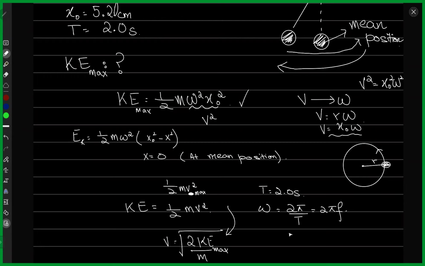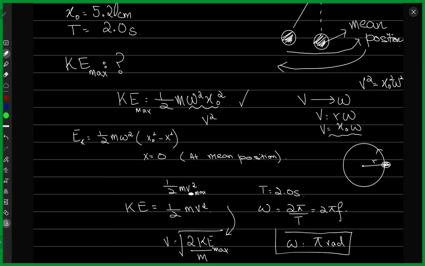So just put in the values and you would get omega as 2 pi by 2, which is just pi radians. Any questions so far? No, sir. All right.